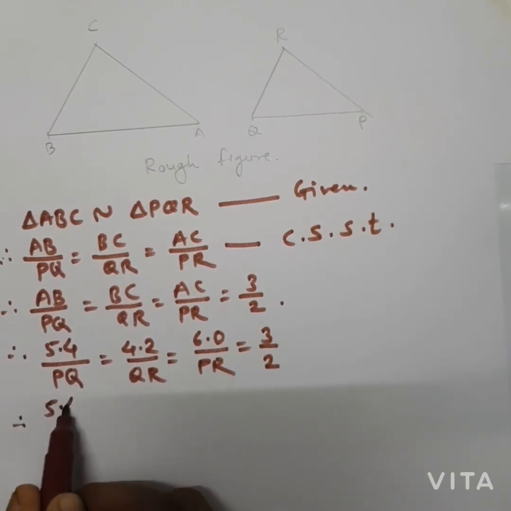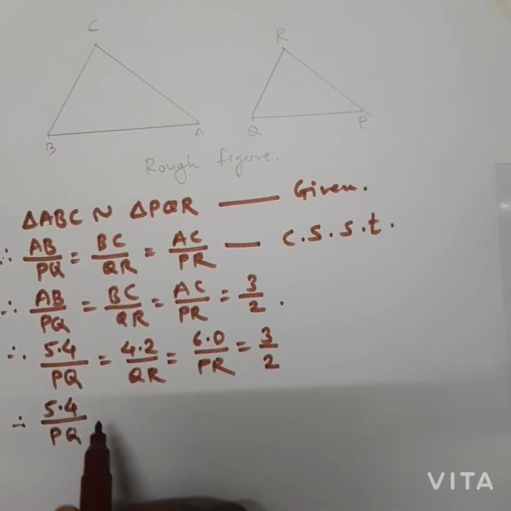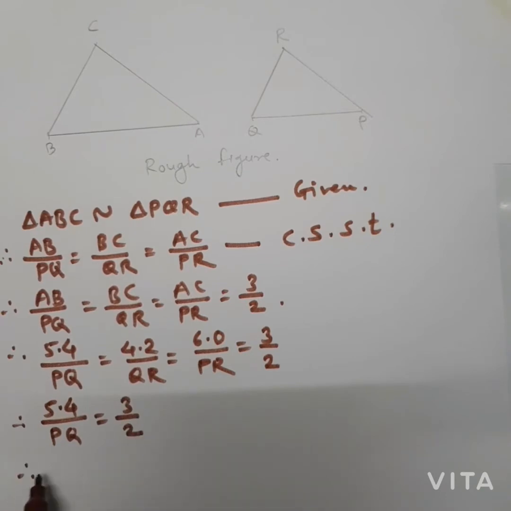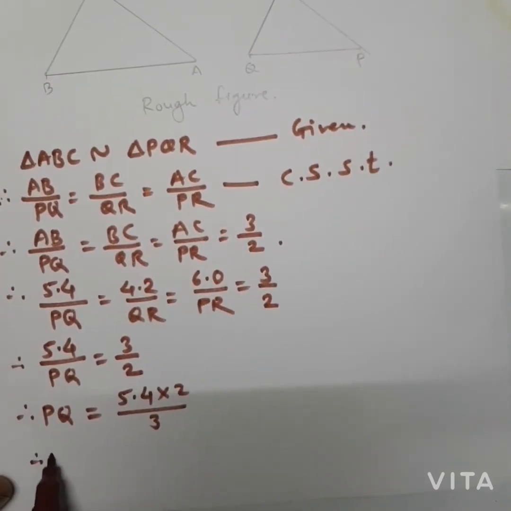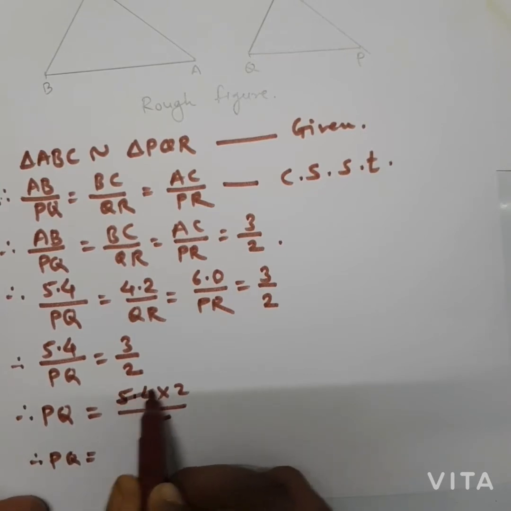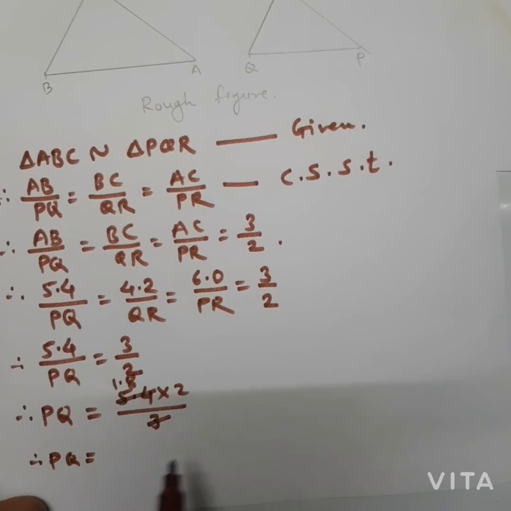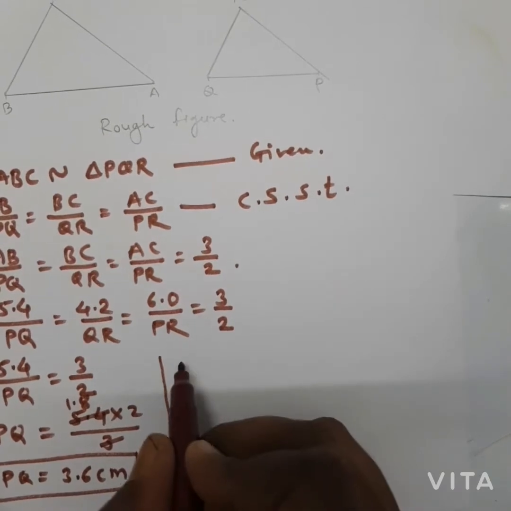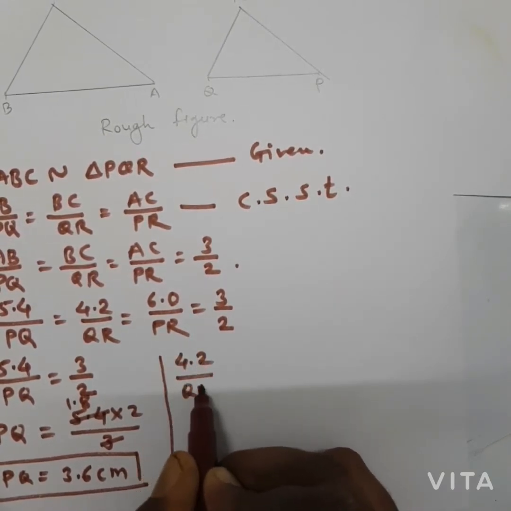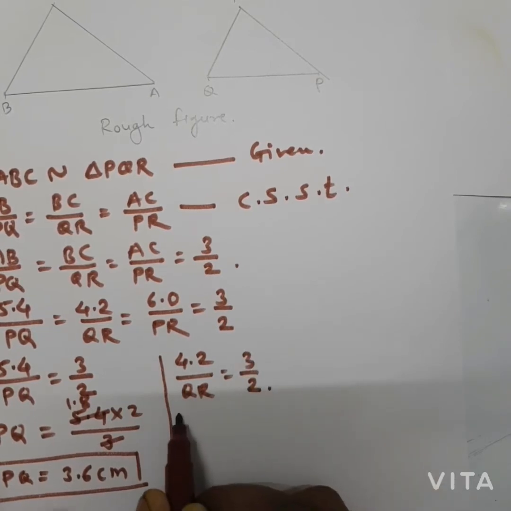Therefore, if we take the ratio 5.4 upon PQ is equal to 3 upon 2, then PQ is equal to 5.4 into 2 upon 3, that is 1.8 into 2, which is 3.6 centimeter, side PQ.